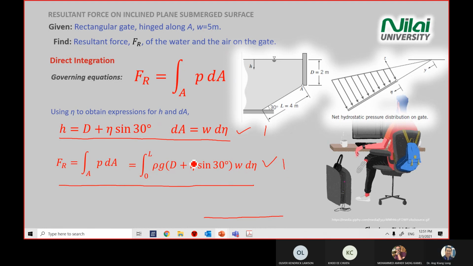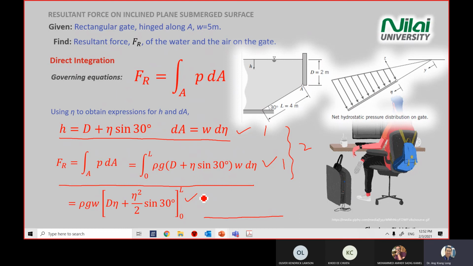If you do not write H equal to something, dA equal to something, but you write the equation out like this and put in the correct bounding condition, in our marking, we will give you 2 marks for up to this stage.